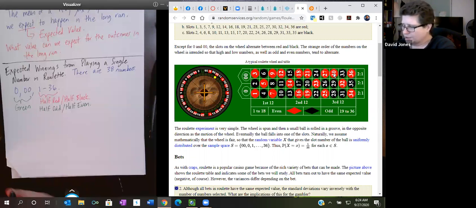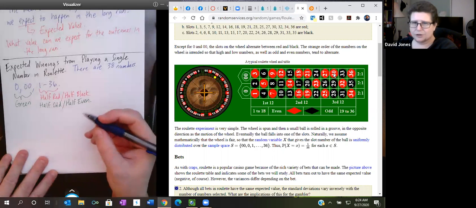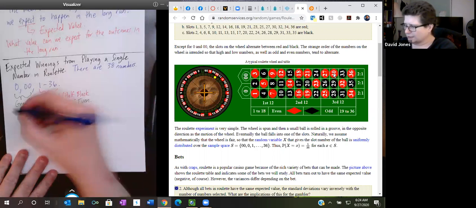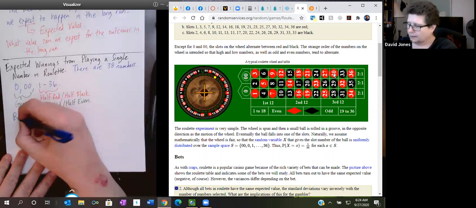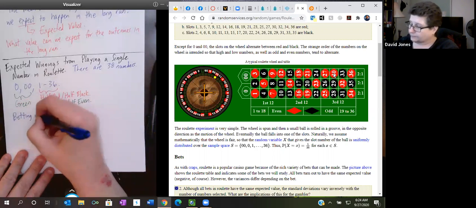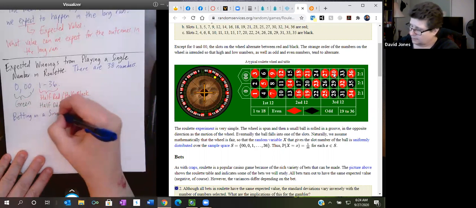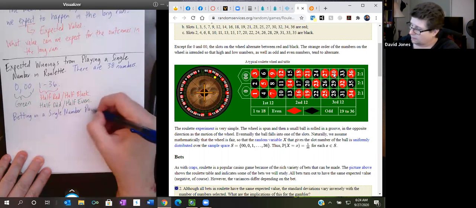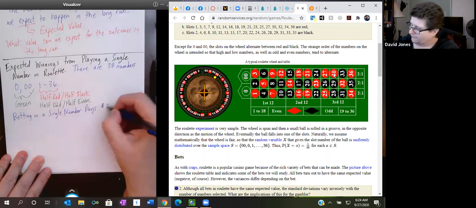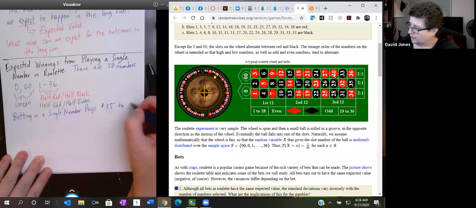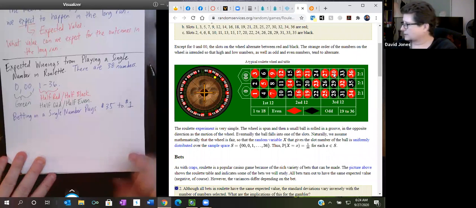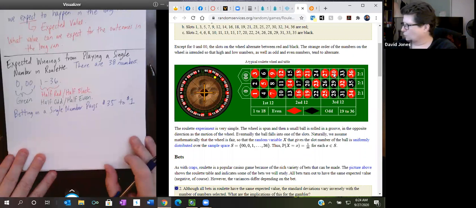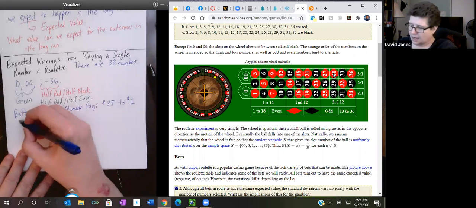And the way they do the betting for a single number, out of 38 numbers, when you bet on a single number, they pay 35 to 1. And what this means is I bet $1.